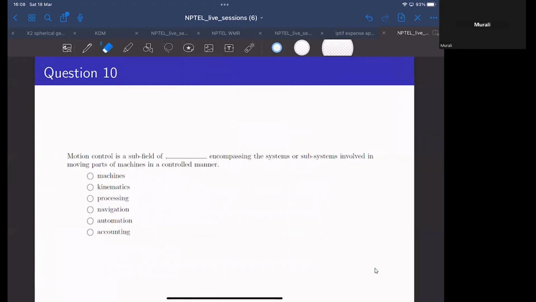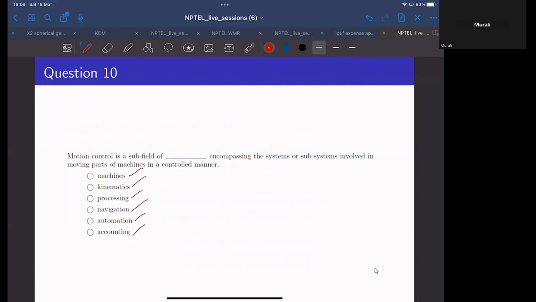Yeah, and question 10 is basically again a description kind of question. It says, motion control is a subfield of dash encompassing the systems or subsystems involving moving parts of machines in a controlled manner. Is it machines? Is it kinematics? Is it processing? Is it navigation, automation, or accounting?